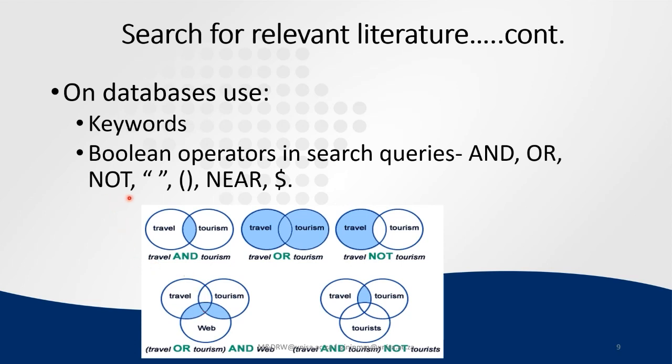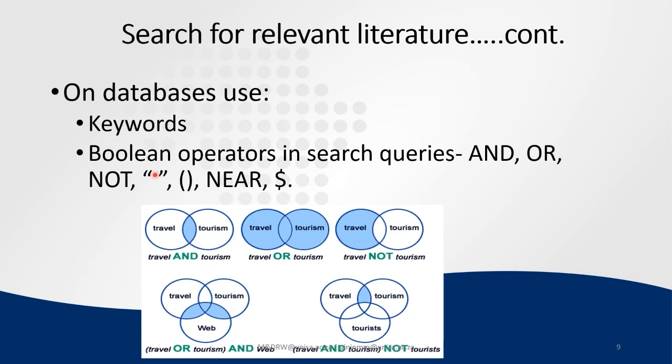The other point I wanted to mention is the quotation marks. When you add quotation marks, it simply means that you can type one or two or three words in your word search. So if you put travel tourism in quotation marks, the results you get will have travel tourism going together, highlighted in bold in all the articles that you are sifting through.